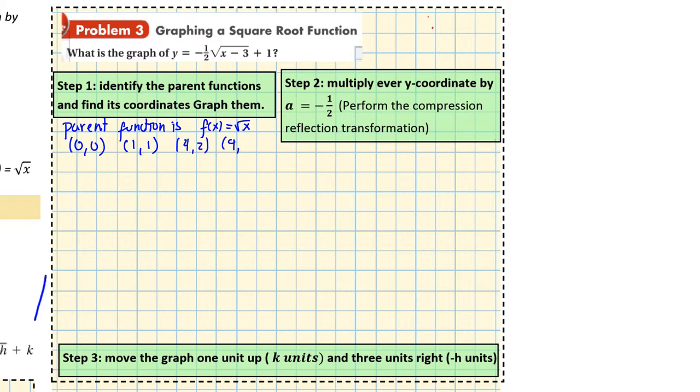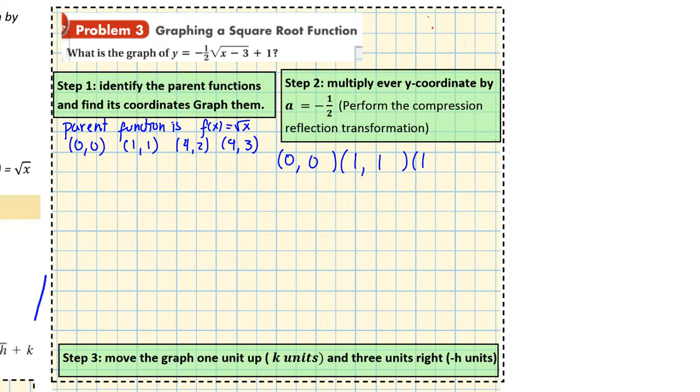For step number 2, let's write the original coordinates that we got from problem number 1. What we're going to do is multiply the y coordinates by whatever a is.